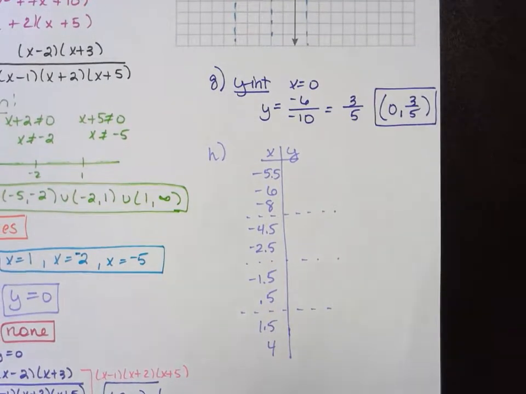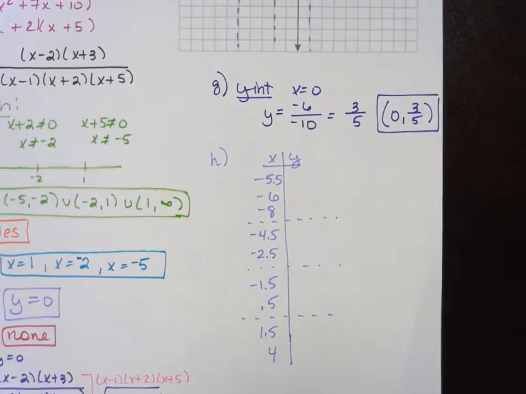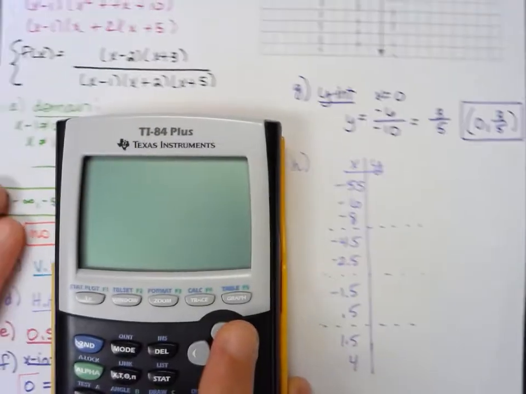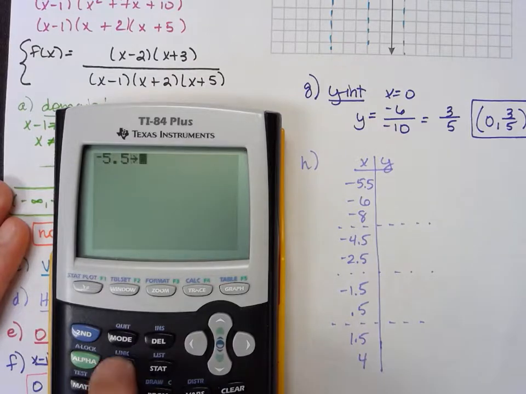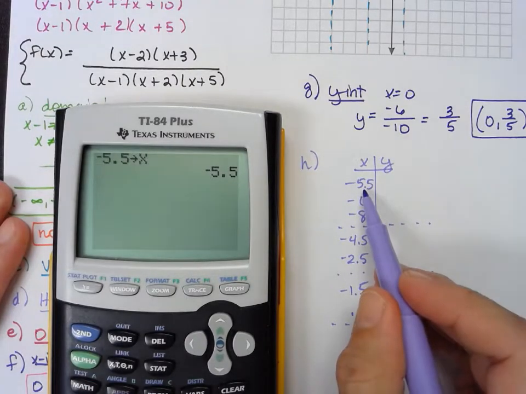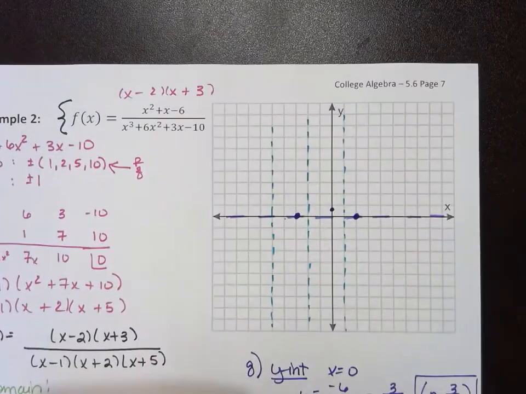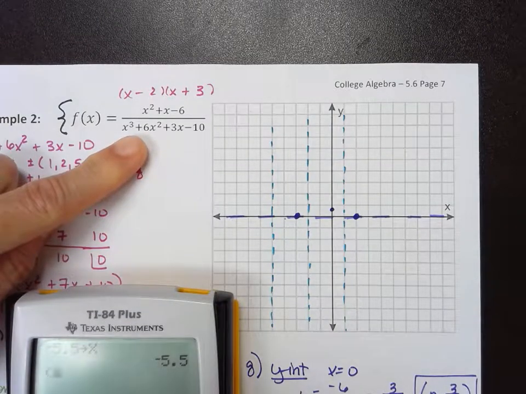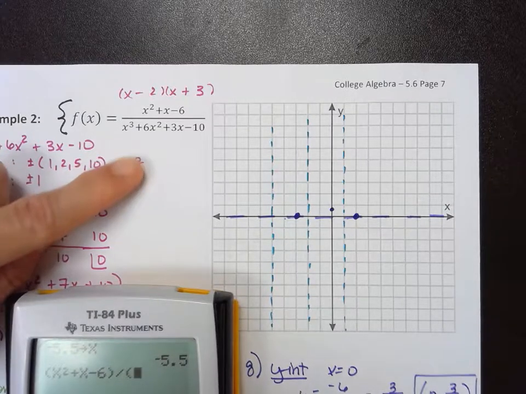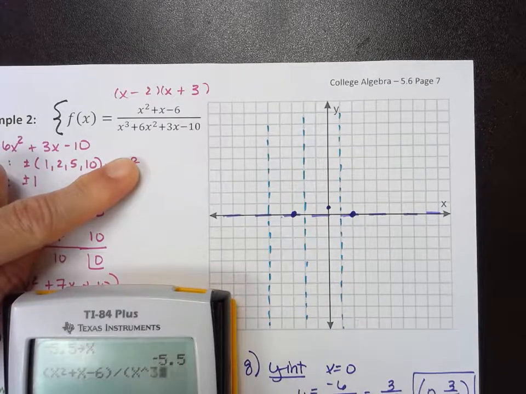Phew. Okay, let's put all of those into our function. So remember, you do -5.5 and store it. That's this one. I'm going to go back up here and use my original function. So I'm going to have x squared plus x minus 6 divided by x cubed minus 10. Let me double check that.